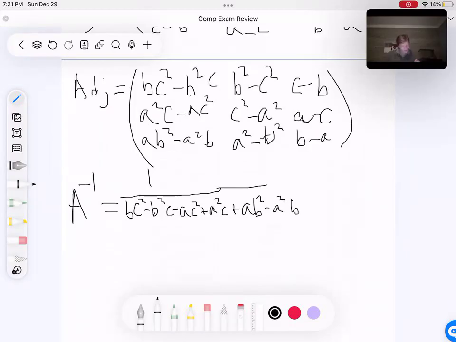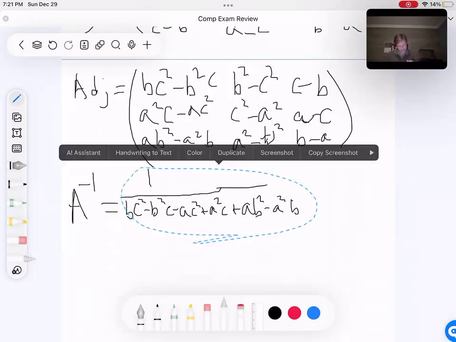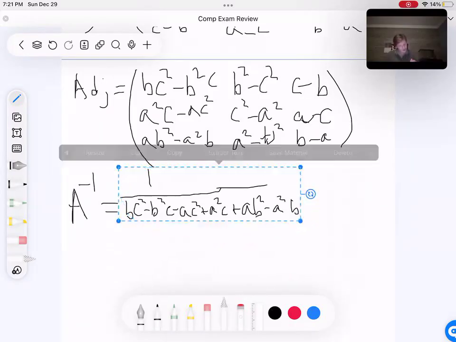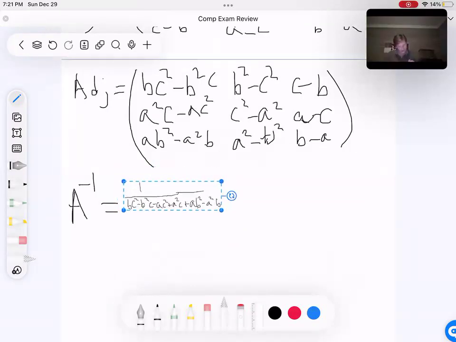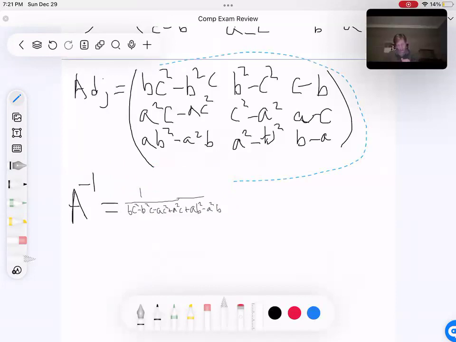And then what I'm going to do is select this and make it smaller, because this is a very big equation. And then now I can be lazy. I can take this adjugate matrix and paste it right there. Wait, hold on. I don't want the equal sign.